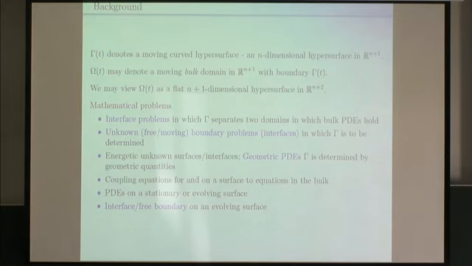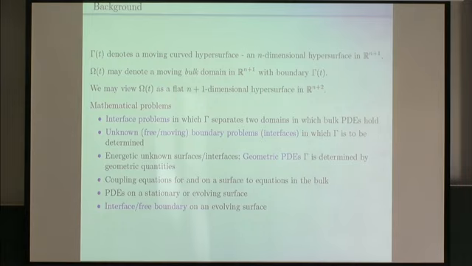Therefore, if we have an abstract way of describing the approximation of hypersurfaces, then we can do bulk equations at the same time as we do surface equations. And if we think of some process happening on the boundary of a ball linked to what's going on in the interior of the ball, we can think of that as a boundary condition. It's a strange kind of boundary condition, but it's essentially a boundary condition for the bulk PDE.